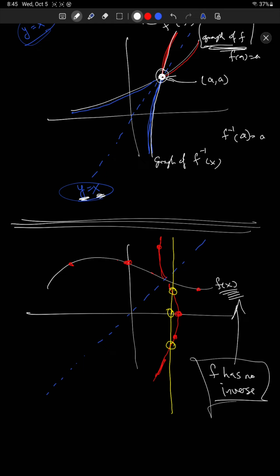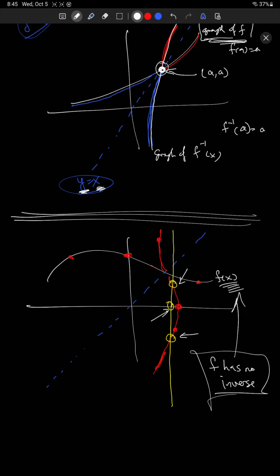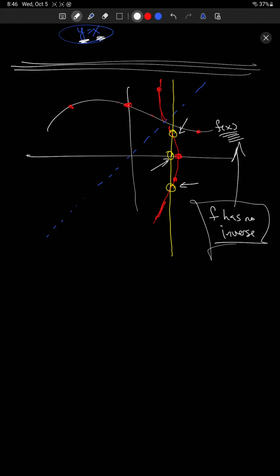Because for its inverse, given an input, there could possibly be multiple outputs, which is the only illegal thing to have when you're talking about a function. If you think about this carefully, this yellow vertical line actually corresponds to this horizontal line right there when you flip it.